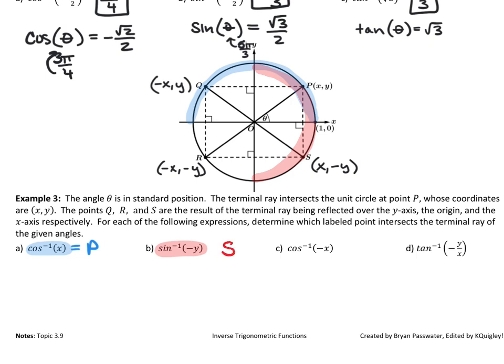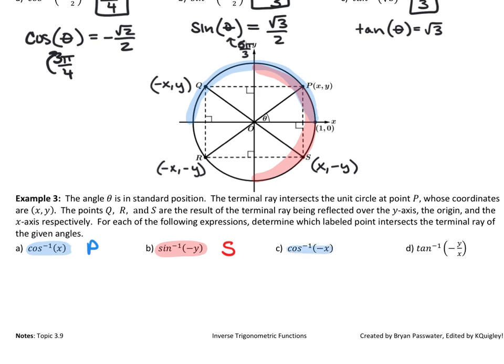S has the coordinate of negative y. So again, even though this coordinate point right here has negative y, can I answer with the R point for any of these? No, because this is going to be quadrant 3. None of them are defined in quadrant 3.